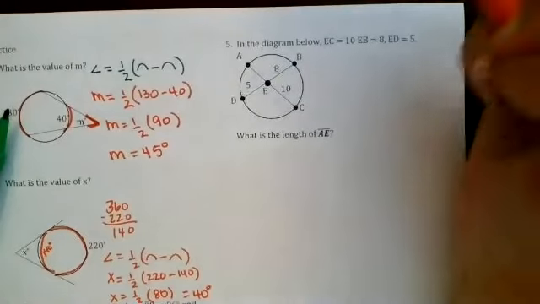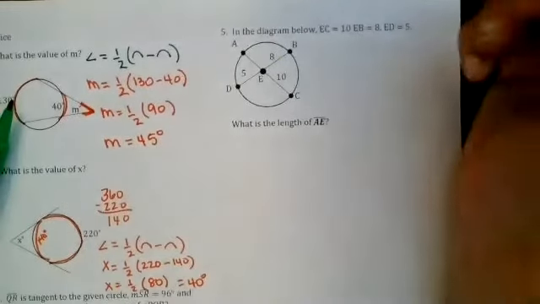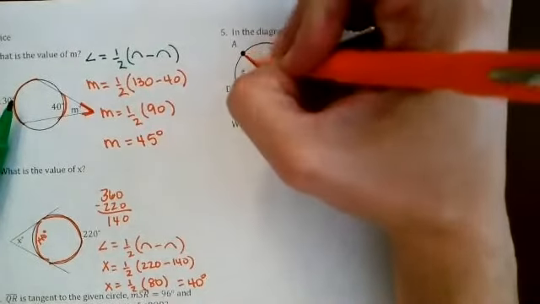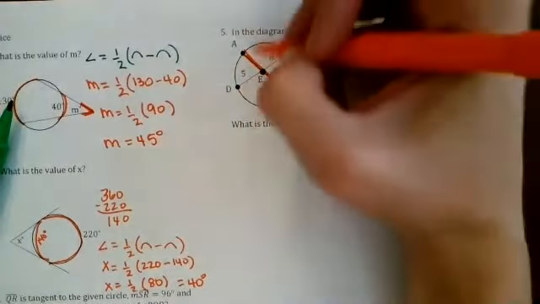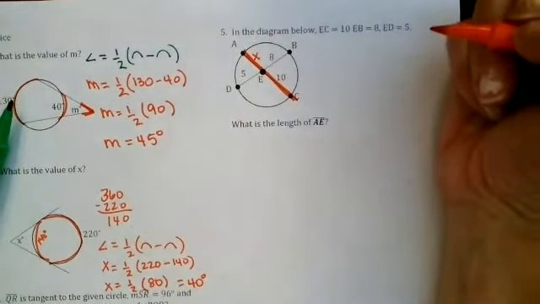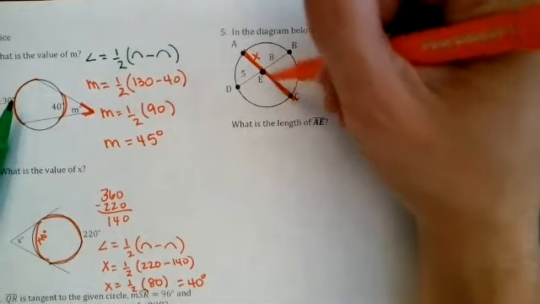All right, now the last type of problem that we haven't done yet are the lengths. So we said we multiply the parts together. So I want to look at this chord first. I don't know this length from A to E, so I'm going to call that X. The other part of this chord is 10.